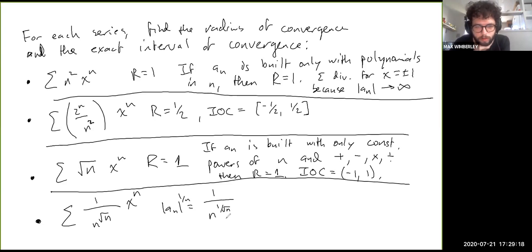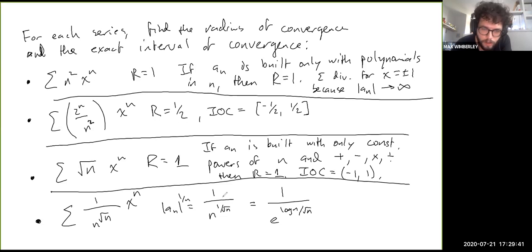So the question is, this is like 1 over e to the log of n over square root of n, right?